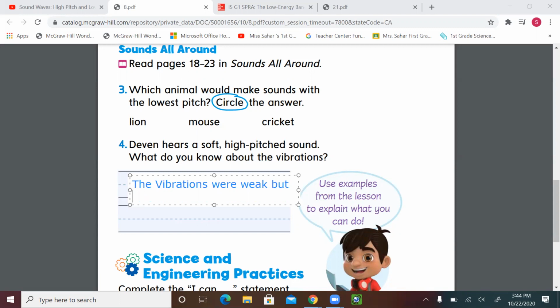Fast. So the vibrations were weak but fast, and that's what we found when we were listening to the music before.